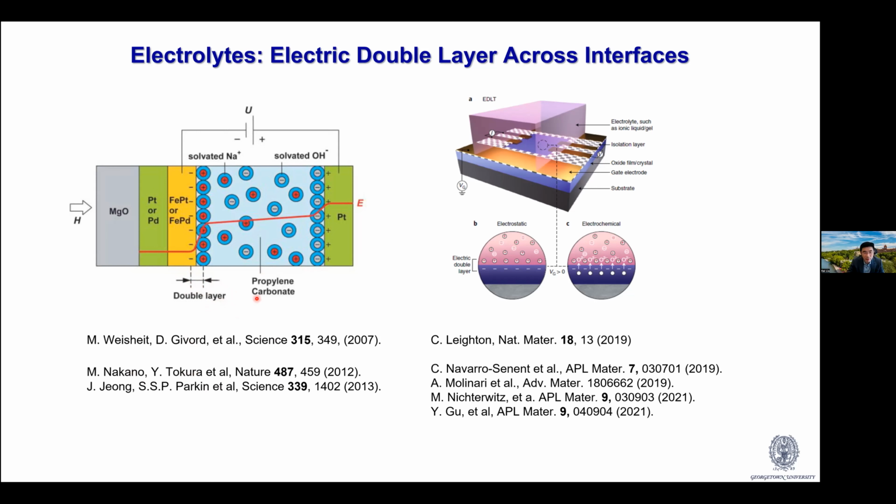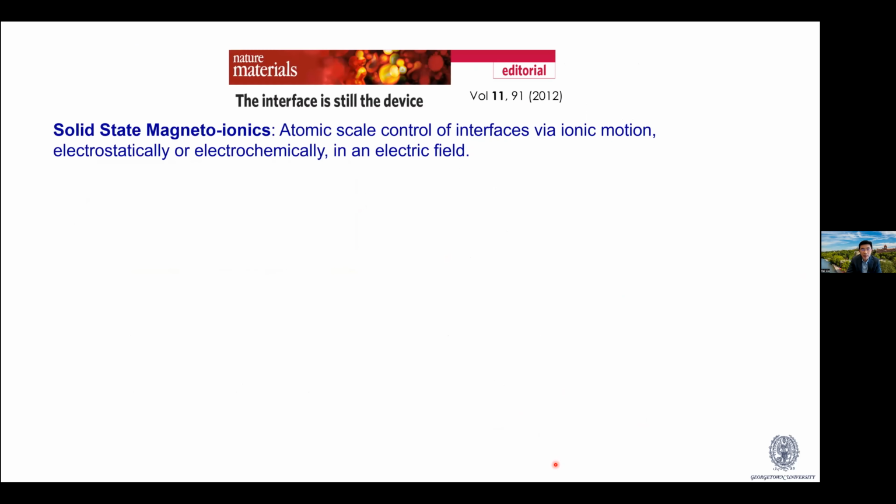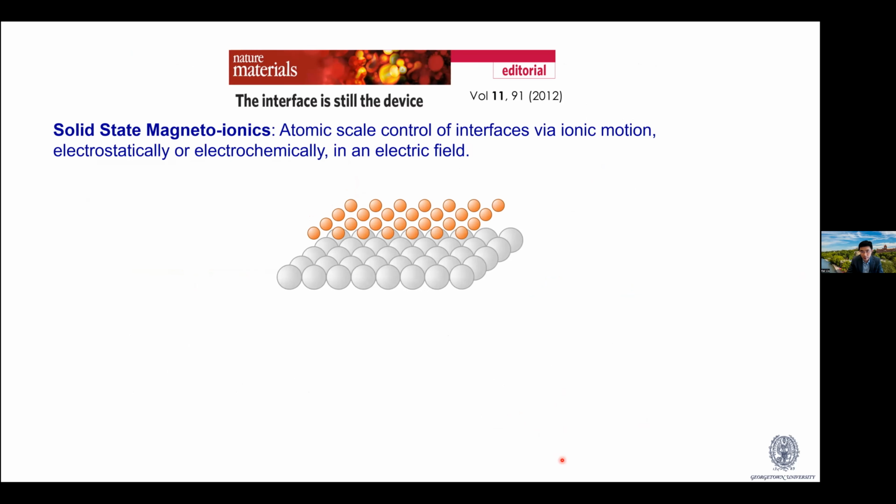People later on have found out that there's also an electrochemical means where the charge can go into the material interior. There have been a number of excellent review articles on this topic, which I listed some representative ones here. What I will be talking about is the solid state version of Magneto Ionics, which is essentially atomic scale control of interfaces via ionic motion.